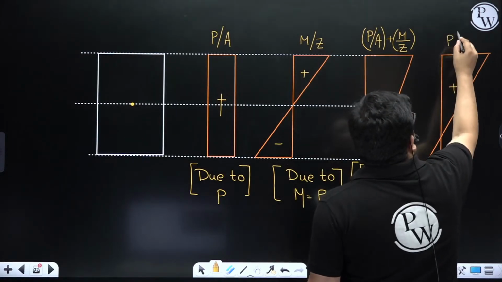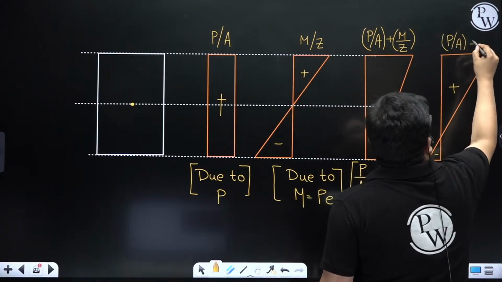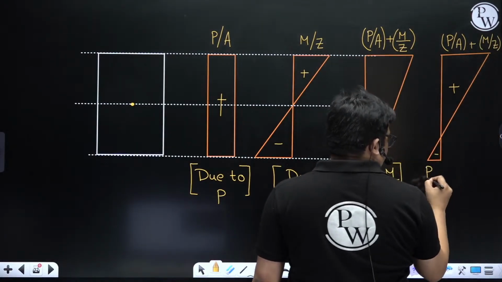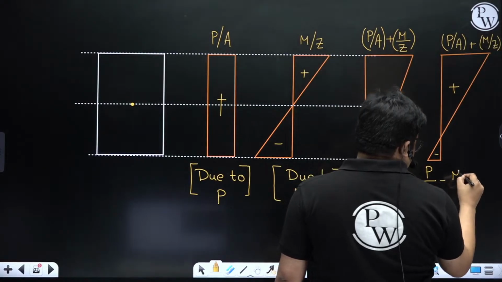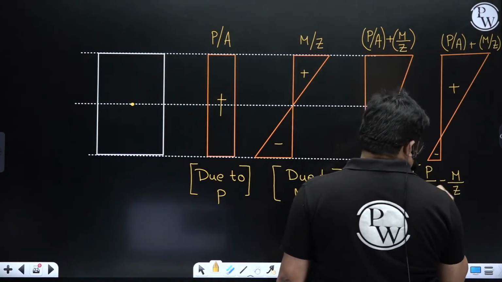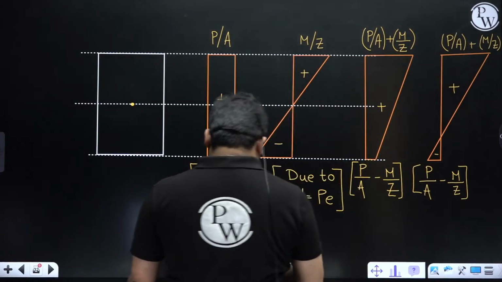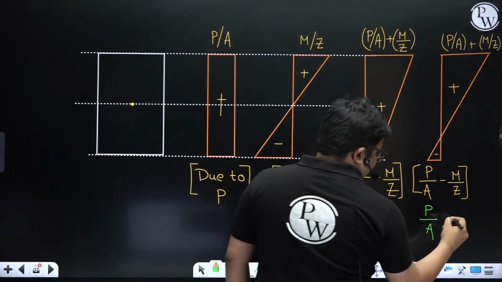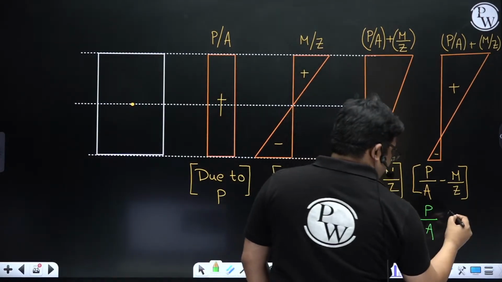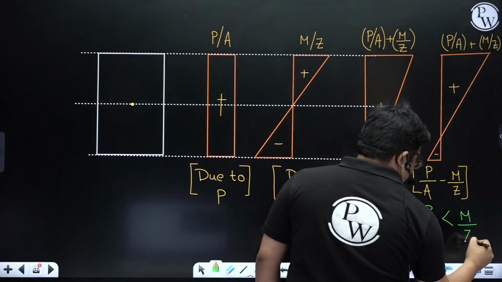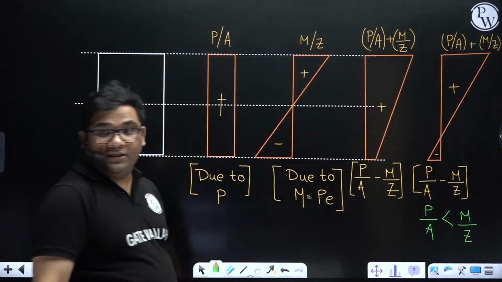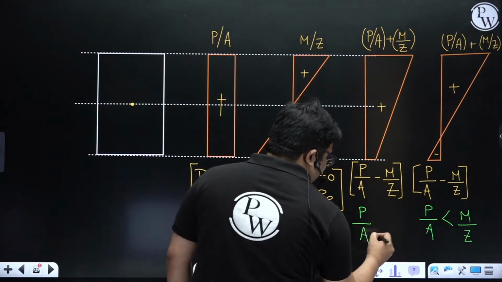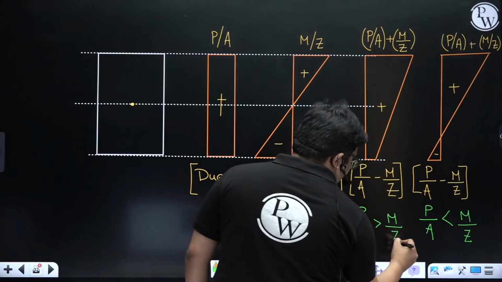This is P by A. This side will remain positive only, P by A plus M by Z. That is not a problem. But here, P by A minus M by Z. If P by A is less than M by Z, then I might get tension here, and if P by A is greater than M by Z, then I will get compression here.